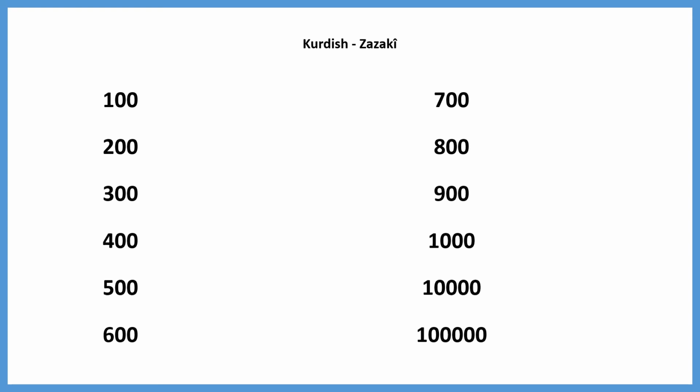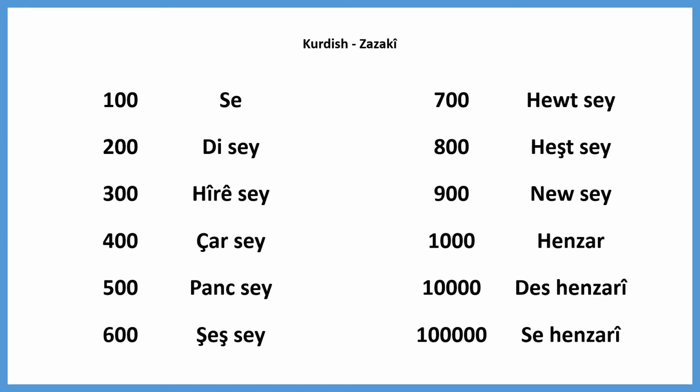We will now review the multiples of 100, and then the multiples of 1,000. Before we check our answers, you may pause the video here. The multiples of 100, starting with 100 and ending with 1,000, are se, desey, hiresey, charsey, panjsey, sheshsey, heltsey, heshtsey, nelsey, henzar.